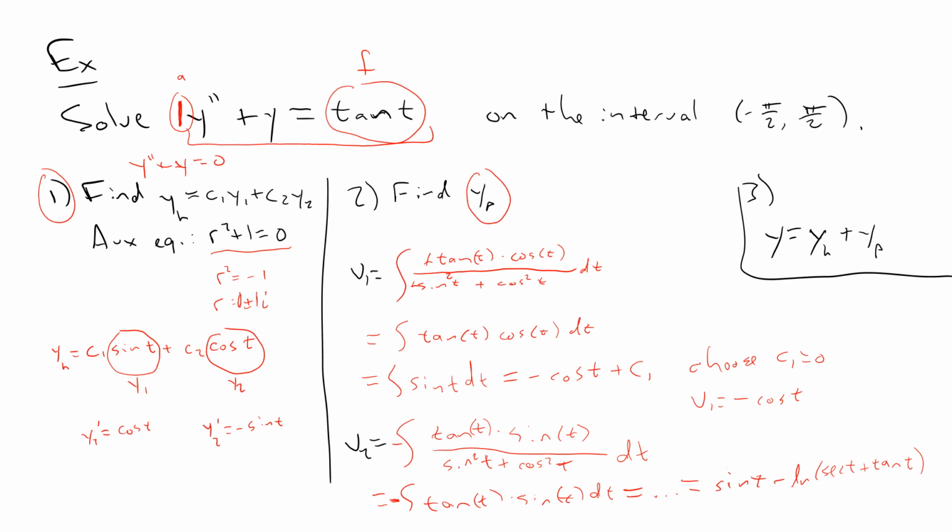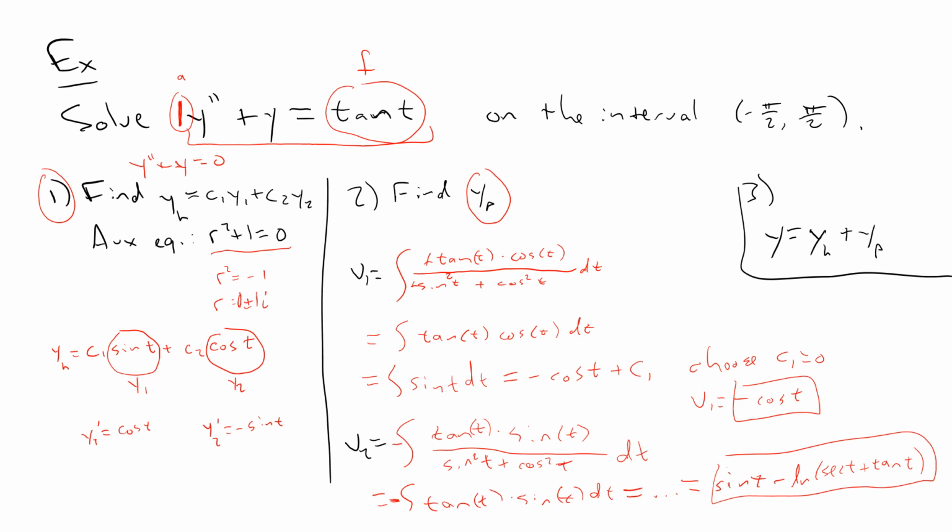And again, we would have an arbitrary constant there, but since this will work for any constant, we're just going to choose 0 for simplicity. So v1 is this cosine function, v2 is this ugly function here, sine t minus natural log secant t plus tangent t.